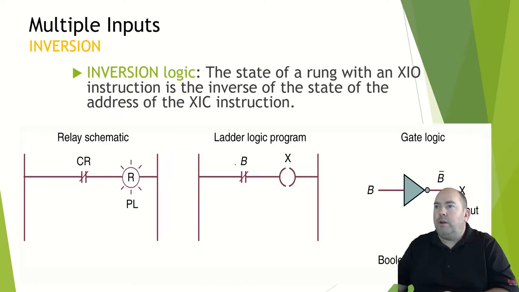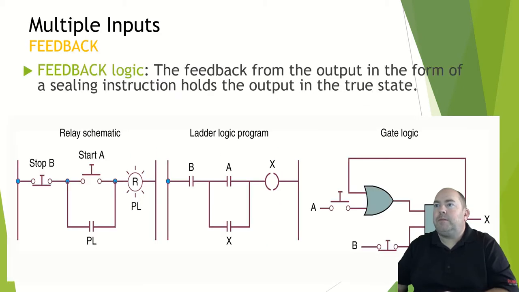If B is not on, turn on X. And this is basically our safety circuit that we do in the safety class.